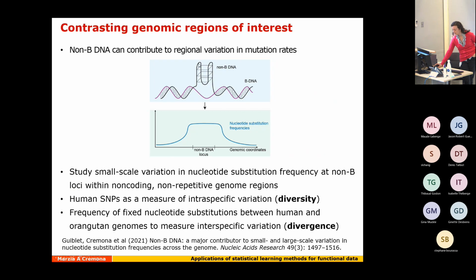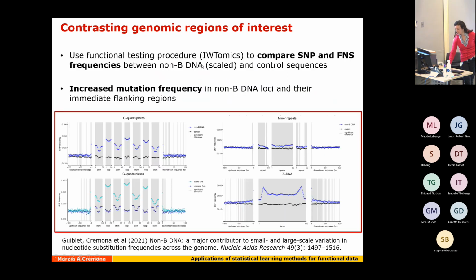We have a stem and we have also this loop over here. And there is also a difference between these two. And we saw the same also for different types of non-B DNA. For example, here we have Z-DNA, and we see again an increase, but the shape is pretty different from what we saw for G quadruplexes.